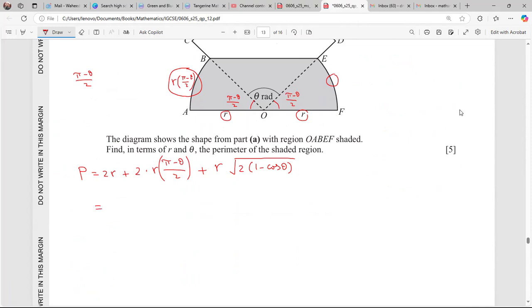I can simplify it a little bit. 2R plus 2 cancels with 2, so this is R times pi minus theta, plus R under root 2 into 1 minus cos theta. This is our perimeter.